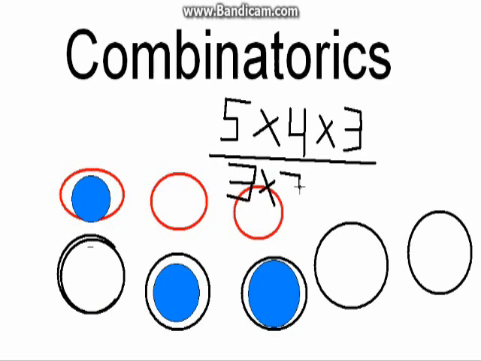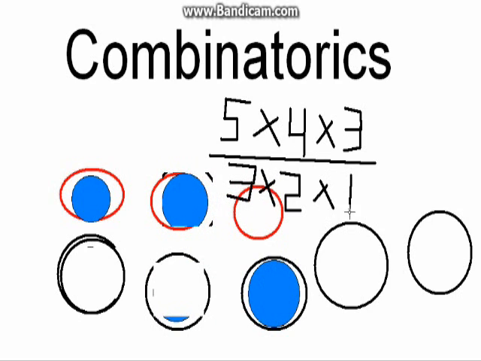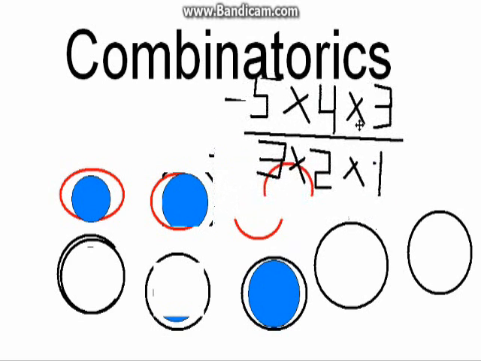So times 2. And then this last ball, after the third ball has been moved into one of the spots, whichever one, will only have 1 possible place it can go to. So times 1. And there you have it. That's the amount of combinations. It's this number right here.